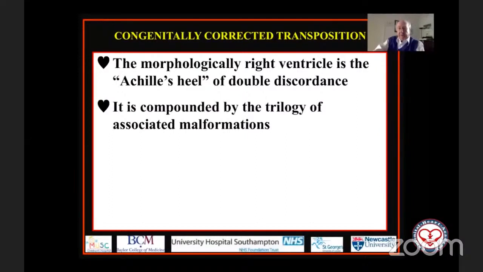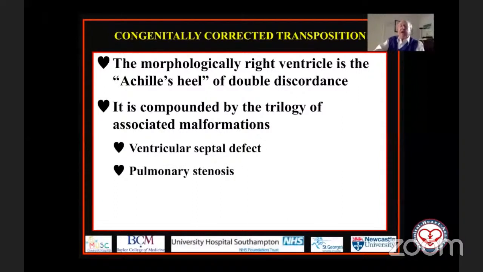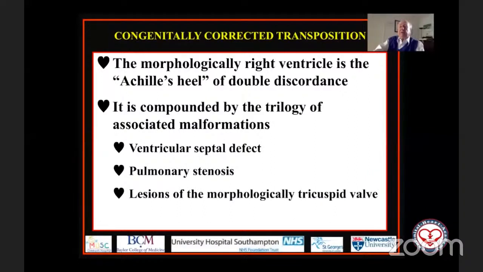And so we know that in most instances, the combination of discordant atrioventricular and ventriculo-arterial connections is associated with a trilogy of associated malformations. In the majority of cases, in fact, the ventricular septum is deficient, so we have a ventricular septal defect. Oftentimes, we have obstruction in the outflow tract of the morphologically left ventricle.